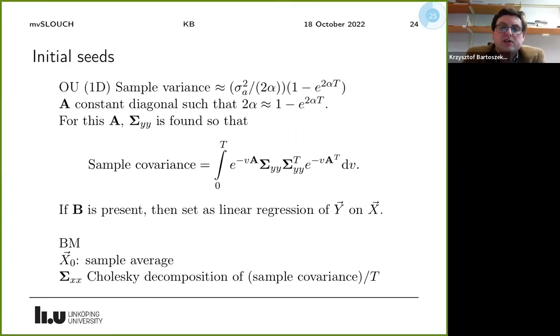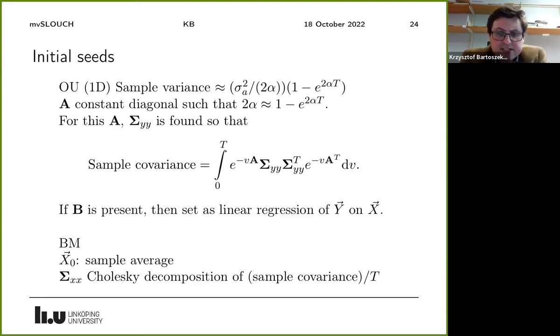The first thing is how should one seed these unknown OU matrix parameters? The basic seeding idea is that one does some rough one-dimensional analysis for each trait and tries to plug in these things.